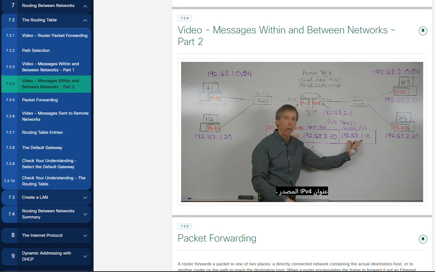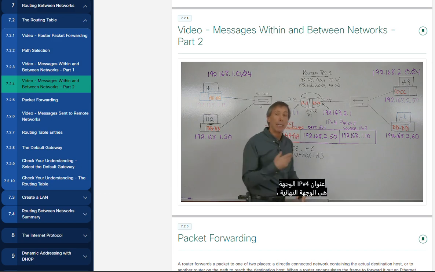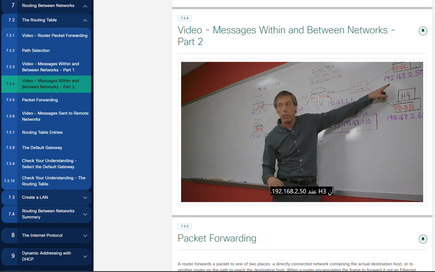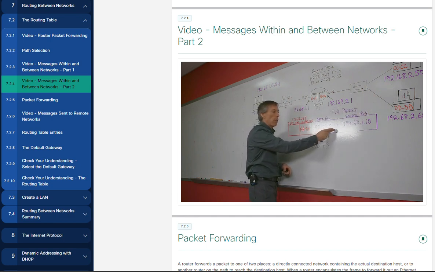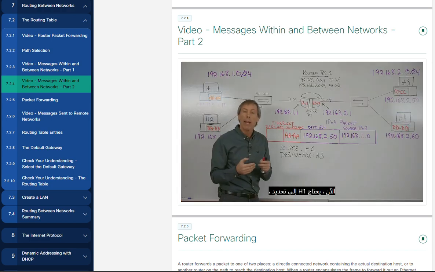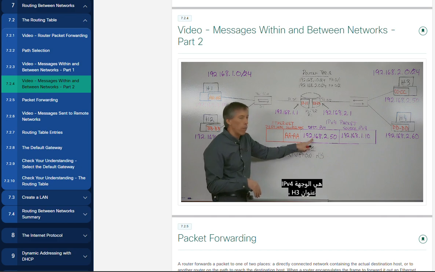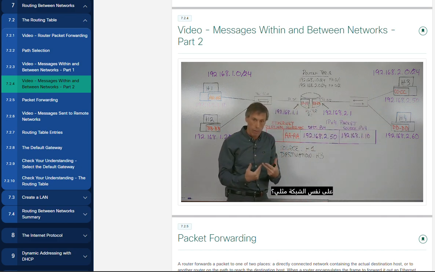The source IPv4 address is its own IPv4 address, 192.168.1.10. The destination IPv4 address is the final destination, that of H3, at 192.168.2.50. Now H1 needs to determine, is the destination IPv4 address, that of H3, on the same network as myself?